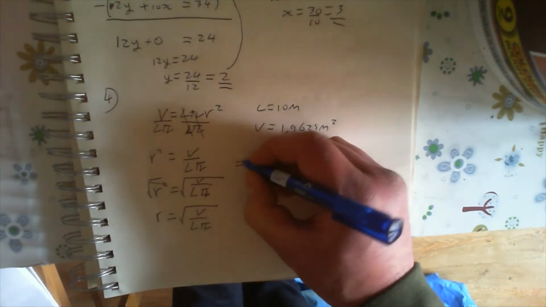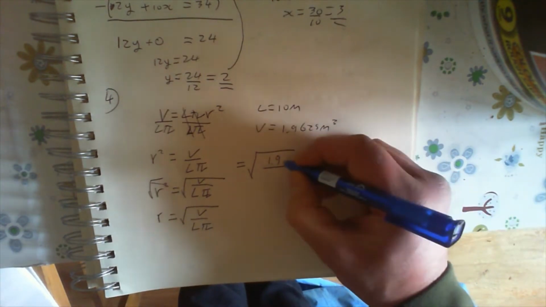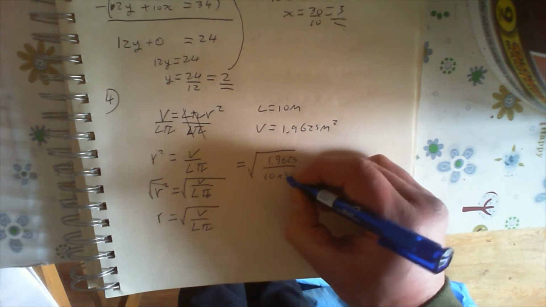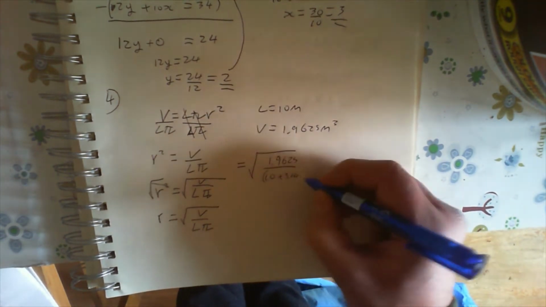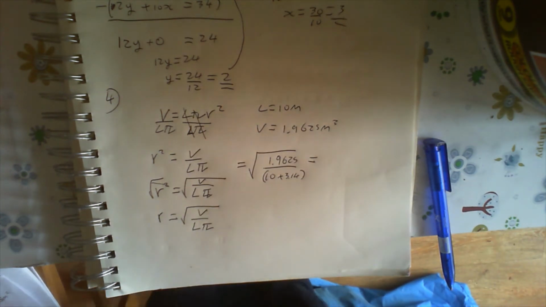So let's work that out then. So that's going to be the square root of the volume 1.9625 divided by the length times 3.14, which is pi. And what does that work out at?